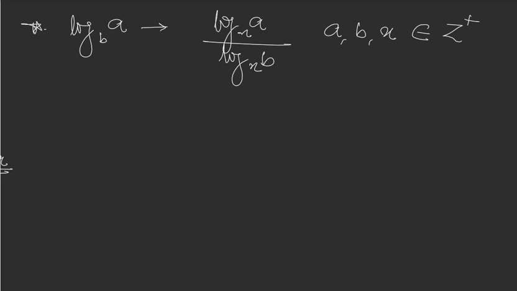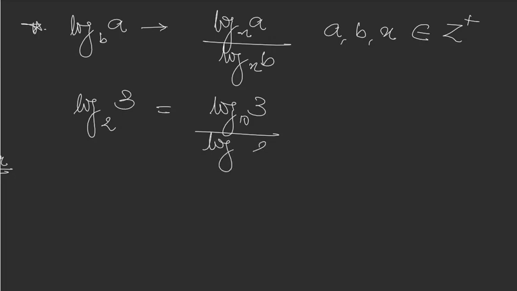So suppose if I want to find log of 3 to the base 2, it's easy to find it. How? I can write it as log of 3 to the base 10 upon log of 2 to the base 10. Why have I chosen 10 as my base? Because that is common logarithm, right? Now we know the value of log of 3 to the base 10 and log of 2 to the base 10. If I put those values, let me tell you those values from the earlier part.